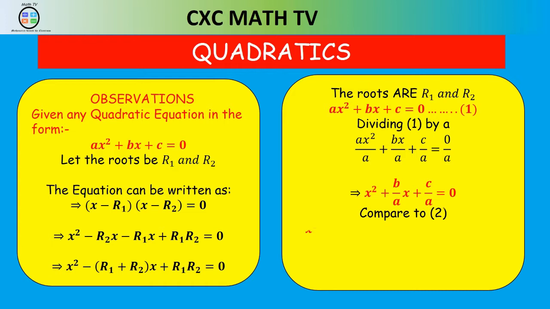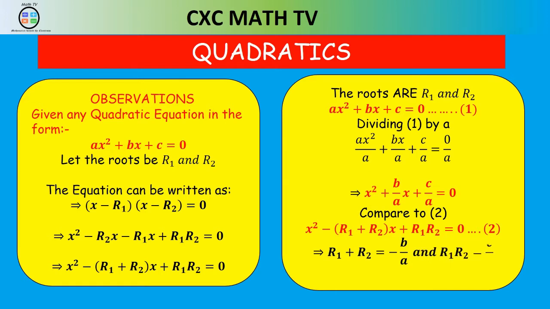Comparing that to the equation x squared minus (r1 plus r2) x plus r1 r2 equals 0, we can conclude that r1 plus r2 is minus b over a, and r1 times r2 is c over a. If you're not seeing it straight away, take a good look at it again. We're just comparing the coefficients of the two equations.